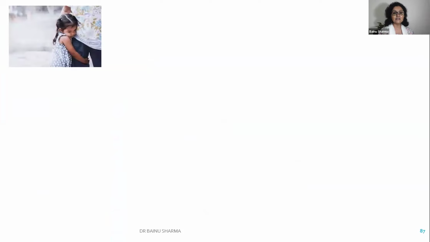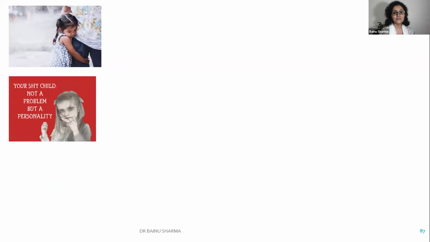The child might cling to the parent when he's shy. These are a few expressions of timidity which we come across daily. One, he can cling to the parent. But the parent should know that shyness is the personality of a child. It is nothing pathological or behavioral disorder.